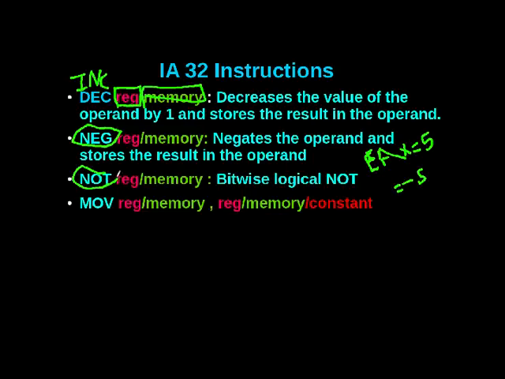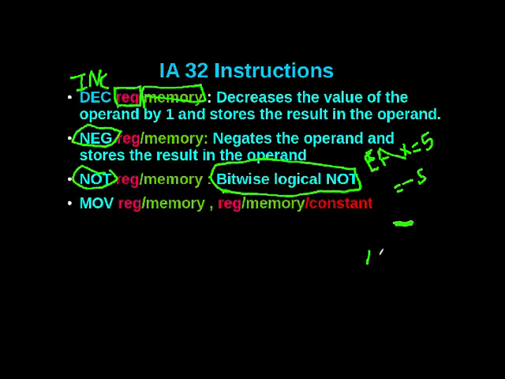And NOT, the bitwise logical not. Bitwise. Remember, I always said the CPU has the arithmetic and logic unit, responsible for doing arithmetic and bitwise operations. This is a bitwise operation. If you remember when we took Boolean algebra, it's the complement, the not gate.